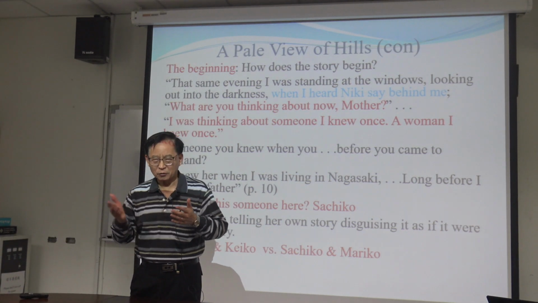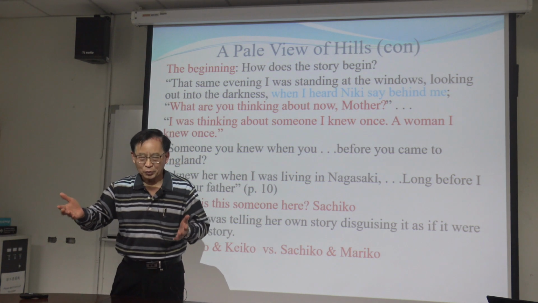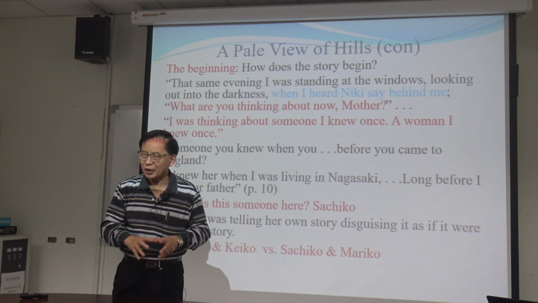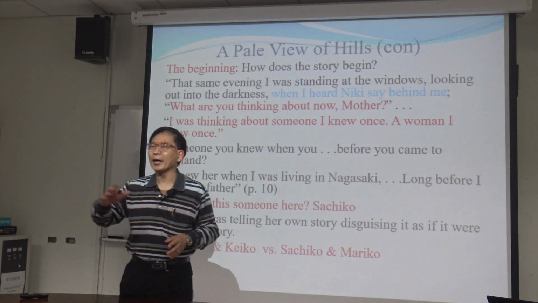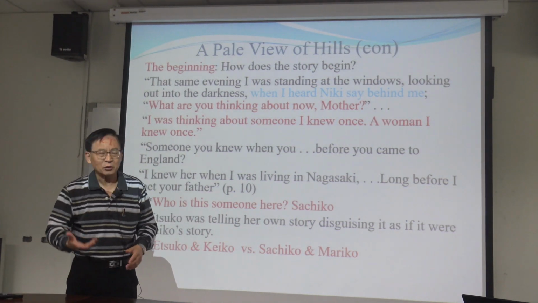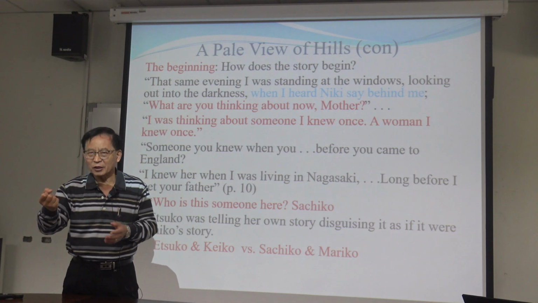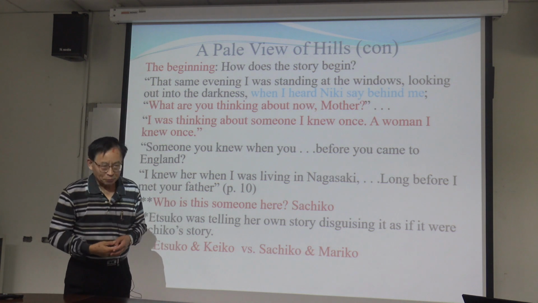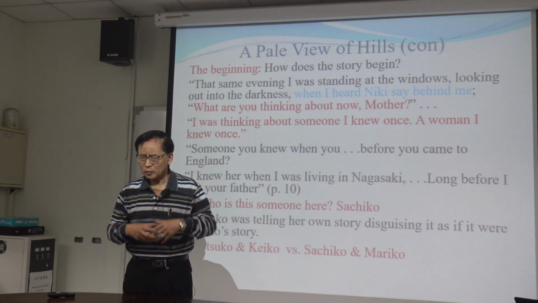Of course, to bridge the gap of knowledge, you could argue, because what happened in London, what happened in England, Niki and the mother both know well enough. But what happened to the mother in Japan? Niki obviously is quite ignorant, is in the dark. So the mother is trying to bridge the gap of Niki's understanding, Niki's knowledge of the mother in the past. But the mother has to tell her story. Why?